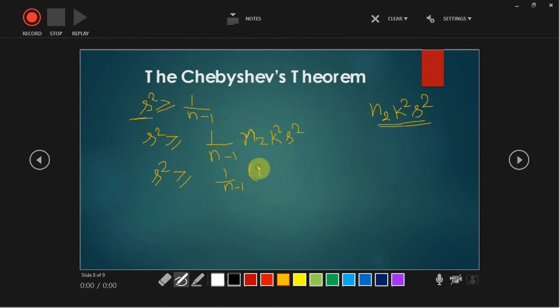So this becomes n minus n1 k square s square, because n1 plus n2 equals n, which implies n2 equals n minus n1.